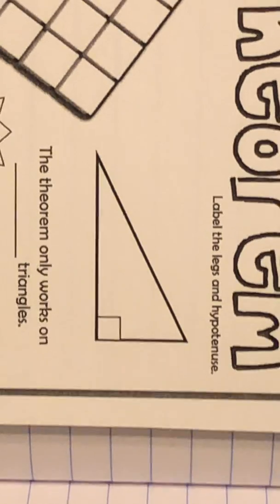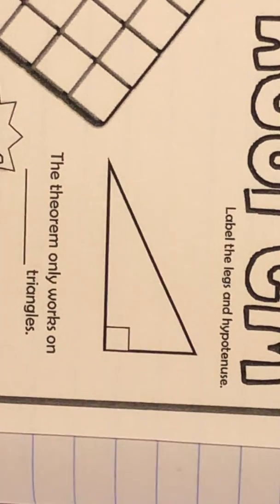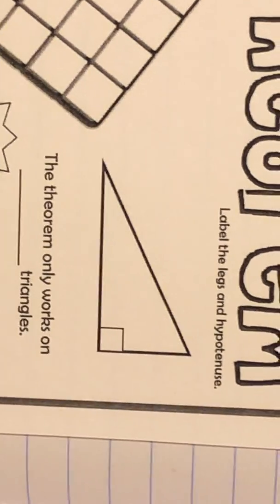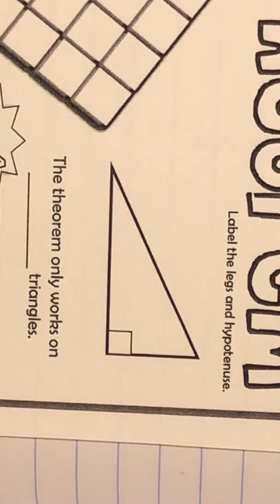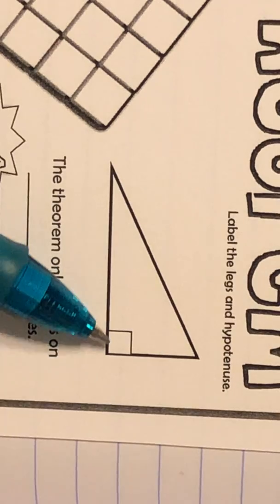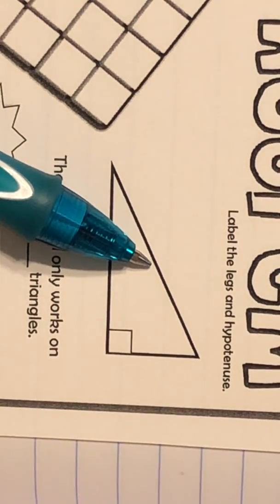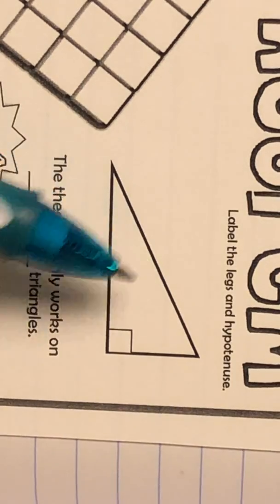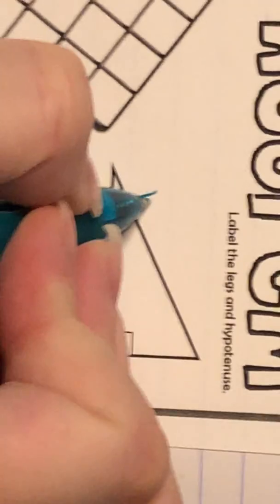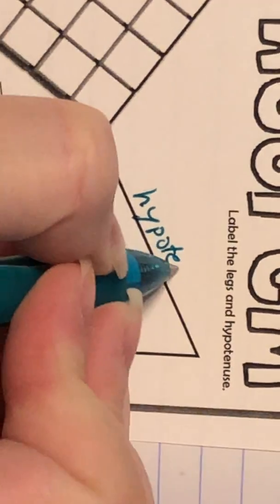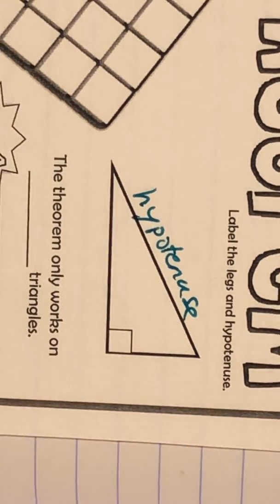So over here, I have a triangle. It wants me to label the legs and the hypotenuse. The trick: the hypotenuse is always across from the right angle, and it's always the longest side. Here's my right angle, and my hypotenuse is directly across from it.